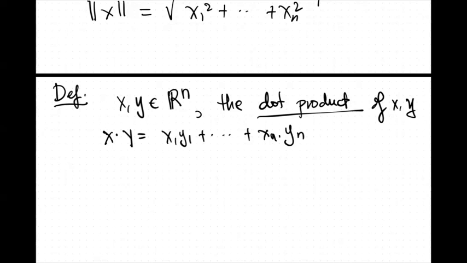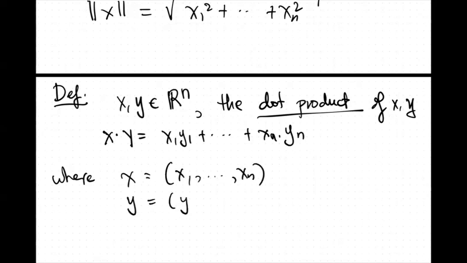Here x and y are ordered n-tuples. So we can think of vectors as points instead of arrows, and the norm of x should be interpreted as the distance from the origin.